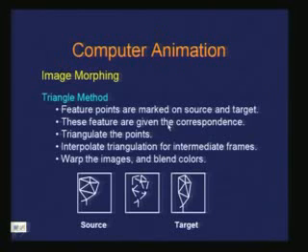Once these feature points are identified, then in the triangular method you triangulate these feature points. That means you basically establish a coordinate system for the rest of the points in terms of the feature points you have given as corresponding points. Okay, so the triangular method is one of the ways of doing it.